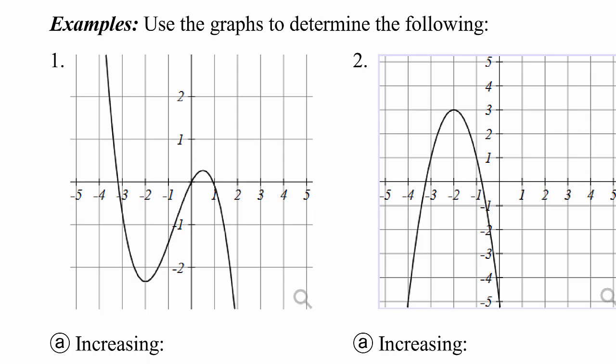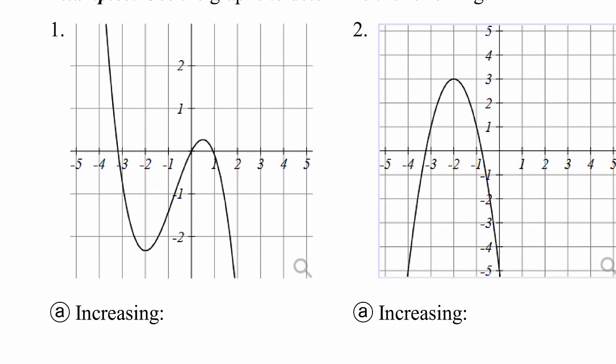So now let's take a look at some examples of graphs, and we're going to determine the intervals in which they are increasing, in which they are decreasing, and then look at the domain and the range. Look at example number 1 here, and when we're looking for the intervals in which this function is increasing, we want to take a look at where the function, as you read it from left to right, is going uphill.